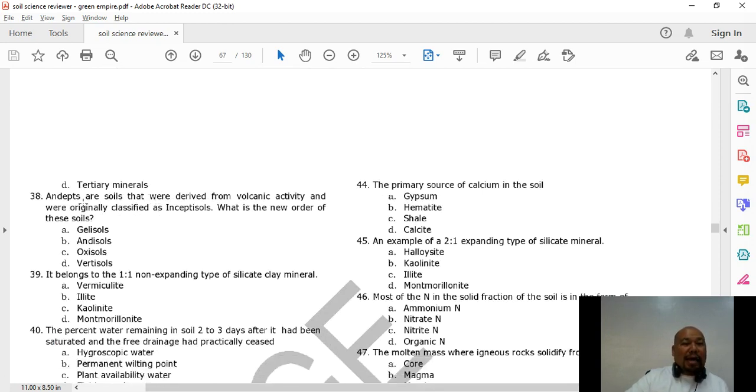38. Soils that were derived from volcanic activity and were originally classified as Inceptisols. What is the new order of this? I think this is Andisols. They were originally classified as Inceptisols, with the new order these are now Andisols. Let's check.